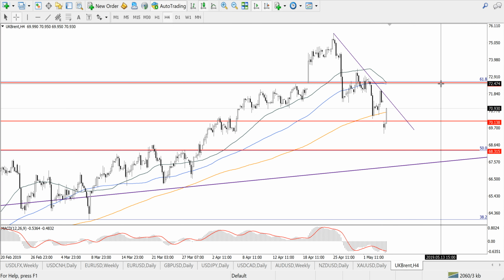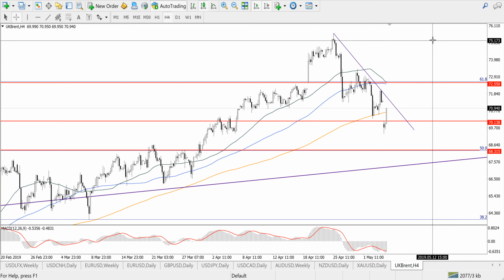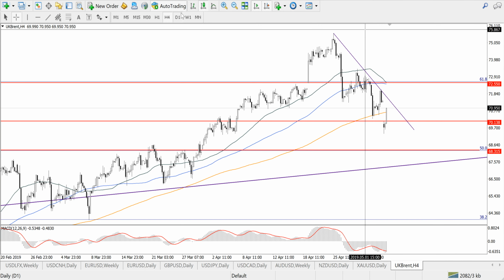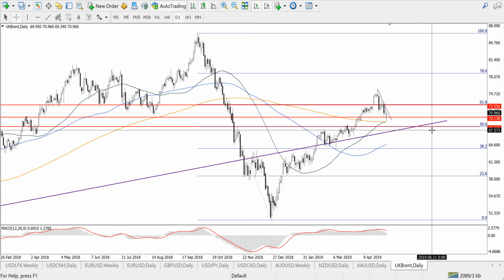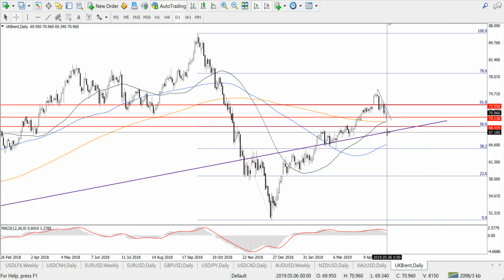Further confirmation will be available if the price gets above 72.50. In this case, the target will be at the 75 mark on the upside. Apart from the level of 69, further support is at 68.30 and in the area of 67.50.